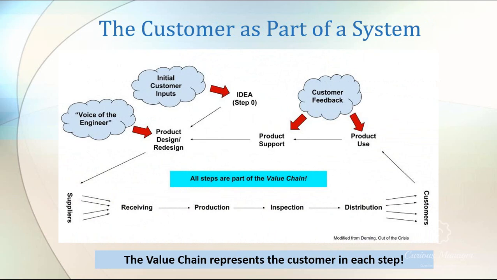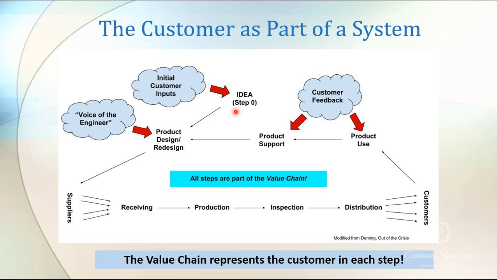So when we look at the customer as part of a system, we begin with idea zero. So idea zero, step zero is the idea. And this is where the customer wants and needs and desires are translated into something that can be created within the system.